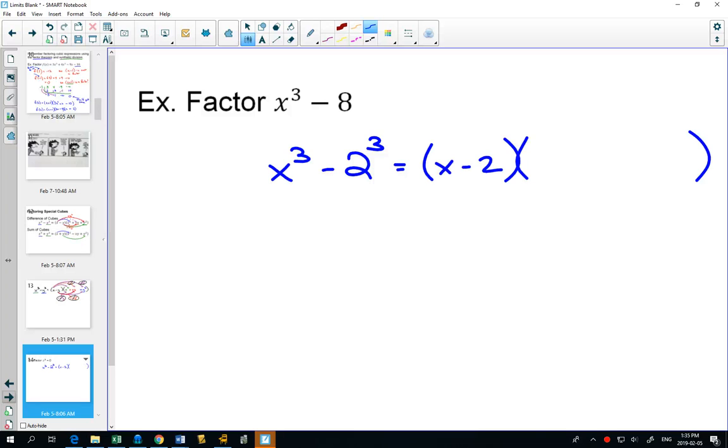It'll be x minus 2. You will get x squared here and 4 there. And then in figuring out what needs to be in the middle, or maybe you just applied the formula. So you memorize the formula.